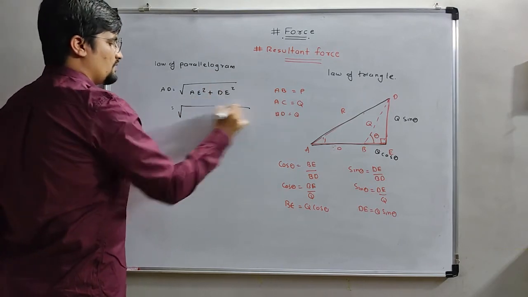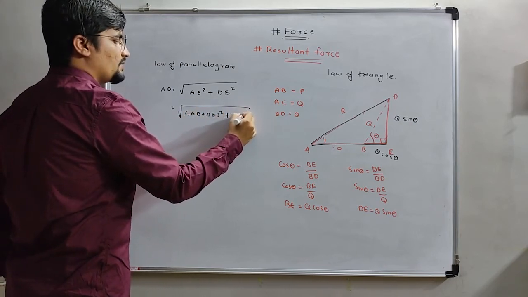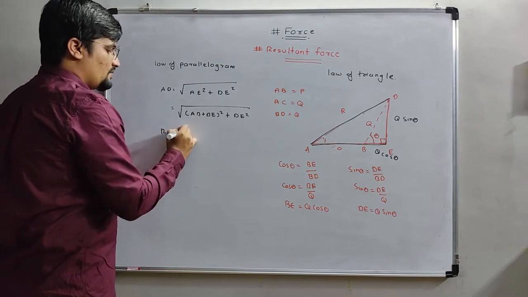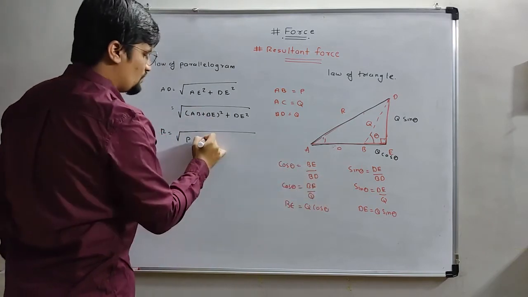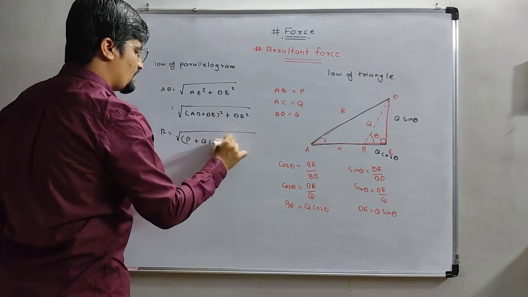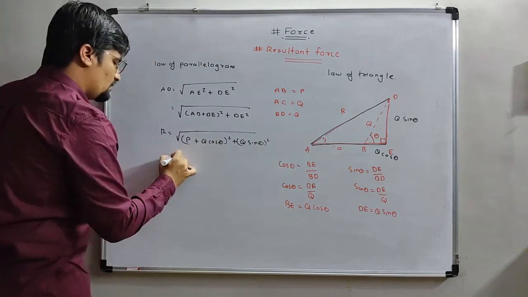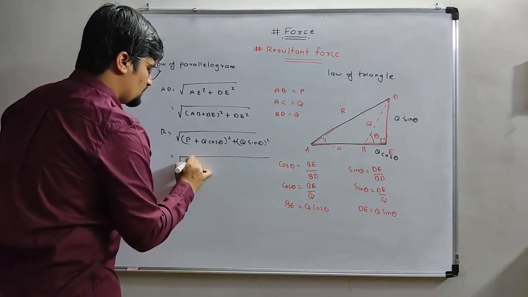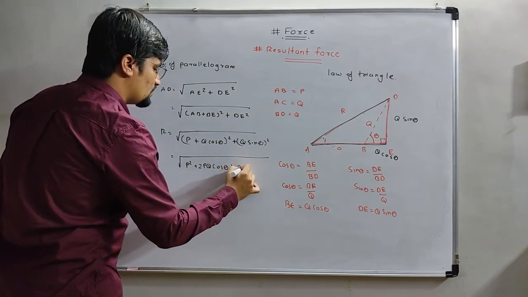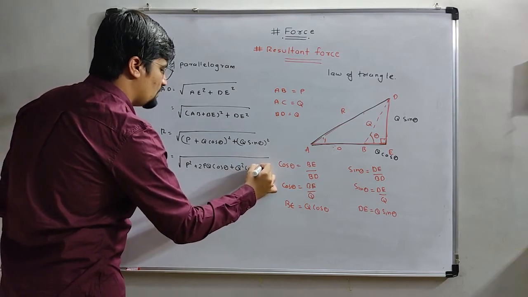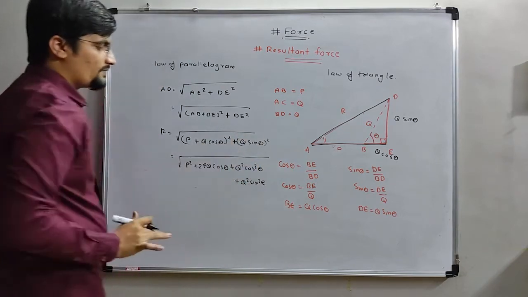So AE is equal to AB plus BE, whole square plus DE square, and AD is equal to R. AB is equal to P plus BE is equal to Q cos theta, whole square, plus Q sin theta whole square. So the equation will be P square plus 2PQ cos theta plus Q square cos square theta plus Q square sin square theta. I open up the square.